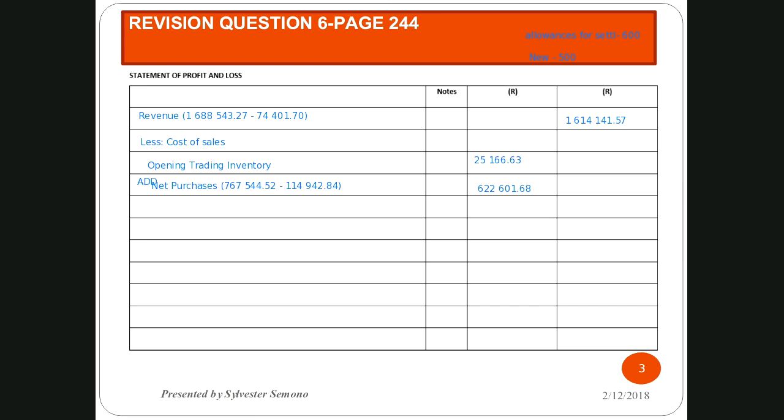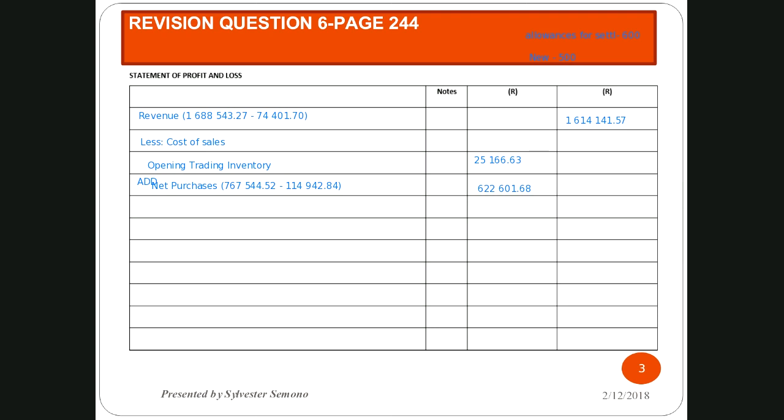Okay. Now, after that, we need to add any related cost to purchases. By related cost, I'm referring to any railage inwards. Sometimes they can call it transport on purchases. Sometimes you can have custom duties, storage on purchases, any cost we incurred which is related to purchases.